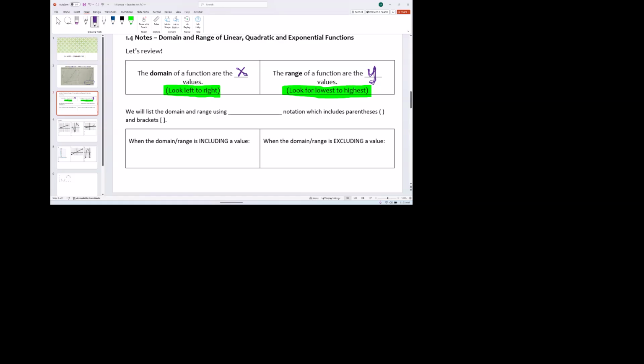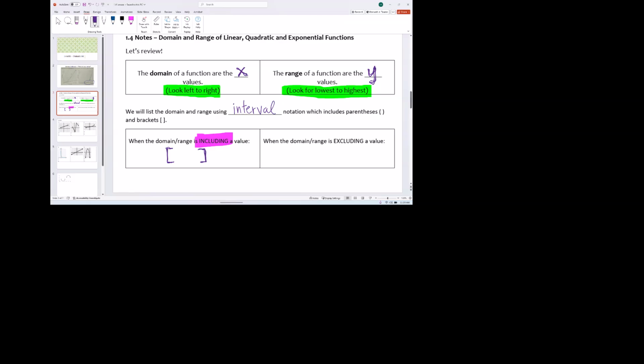So when we list the domain and range, we are going to use a notation called interval notation. There are other ways to write it, but the most common way that's used is interval. All right, and when we're listing what the domain and the range is, when we include a value, okay, that means we are going to use a bracket. So we either use this left bracket or the right bracket.